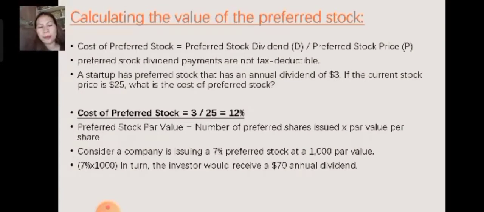For example, consider a company issuing a 7% preferred stock at a $1,000 par value. So 7% multiplied by 1,000, in return, the investor would receive a $70 annual dividend for as long as the preferred stock is outstanding. A startup reports the par value of common stock and preferred stock on a balance sheet separately. That's all. Thank you.